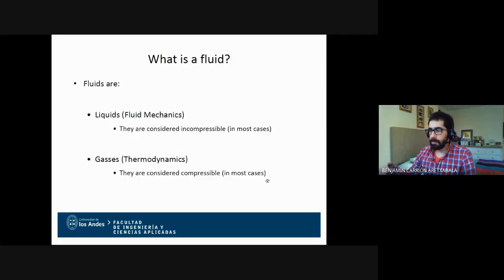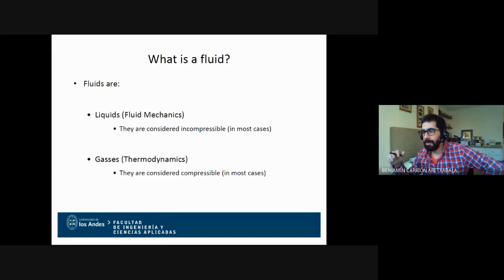That's a formal definition of fluids, and of course fluids normally come in two flavors. They can be liquids and gases.